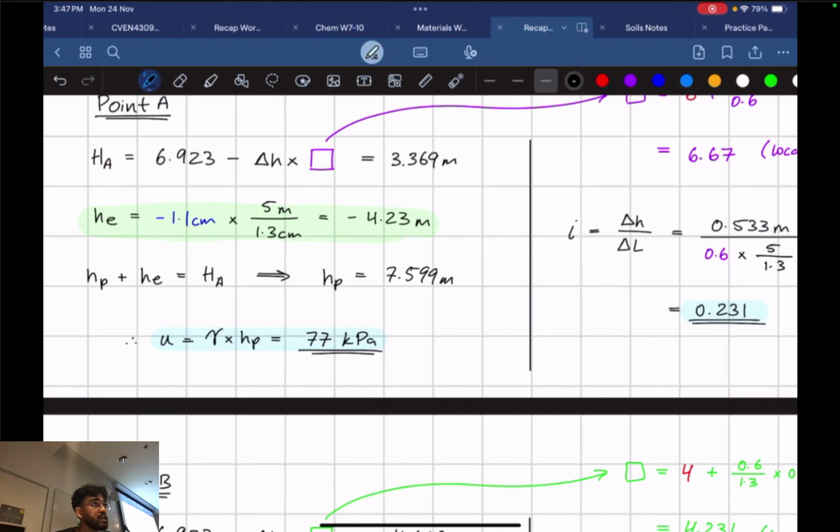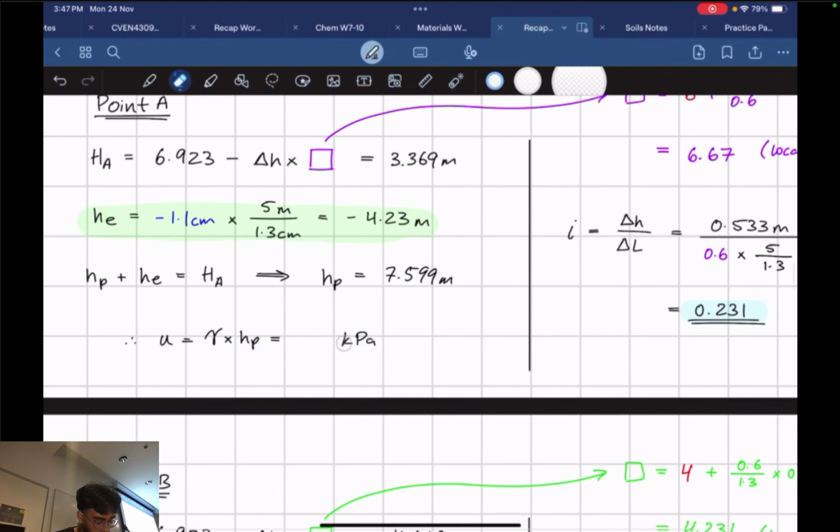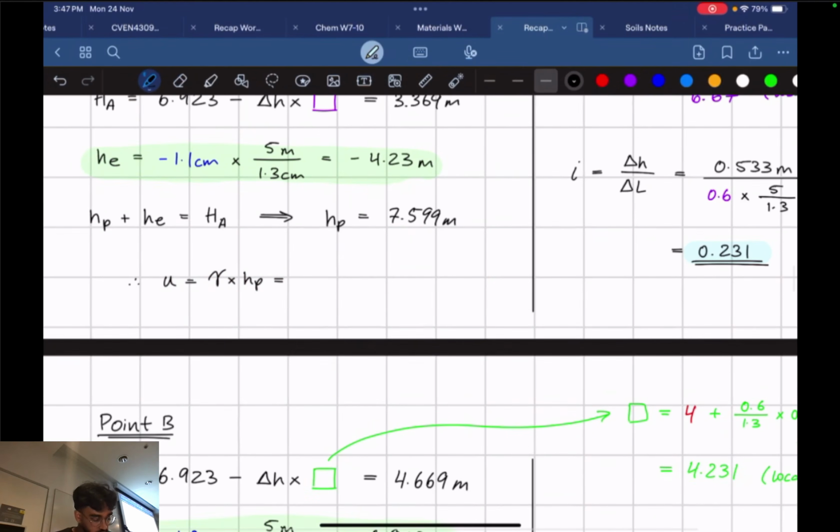So that's my HP, and as you know, to find your pore water pressure, you multiply it by your unit weight, which is 9.8. If I multiply this by 9.8, I get 74.47. And that's your answer for your pore water pressure.